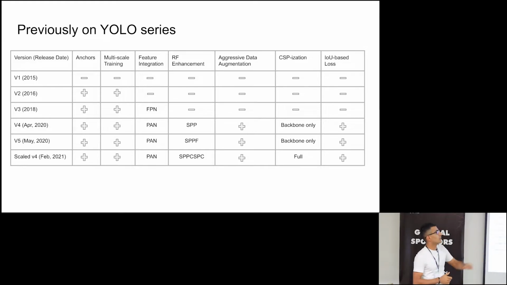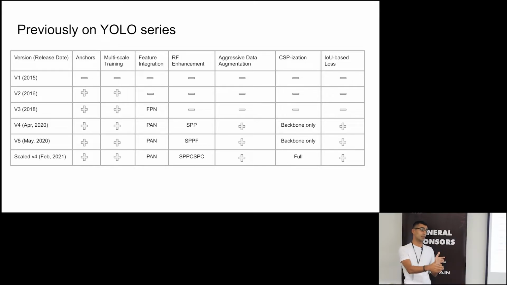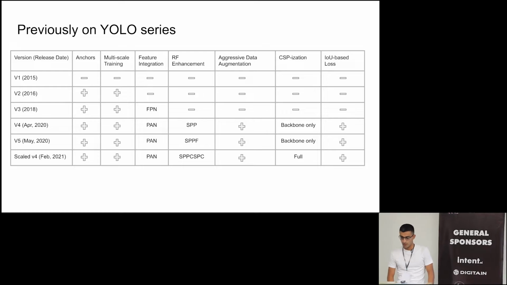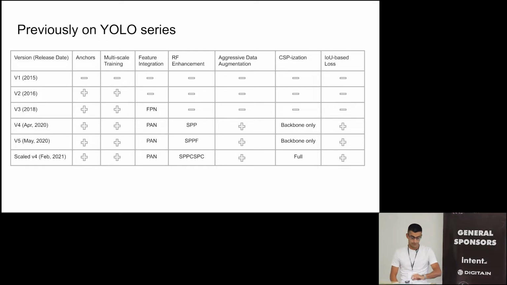And starting from YOLOV4, they used an IOU, intersection over union, based loss function for bounding box regression, instead of using just L2 loss. The reason they did it is that it's not a good idea to treat those bounding box coordinates independently from each other. That's why they started using intersection over union-based loss.